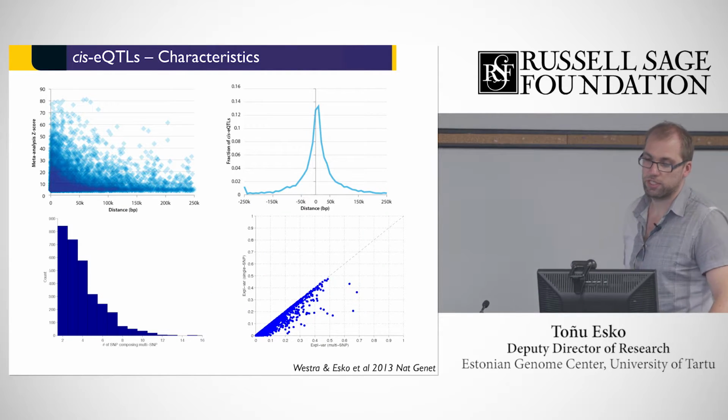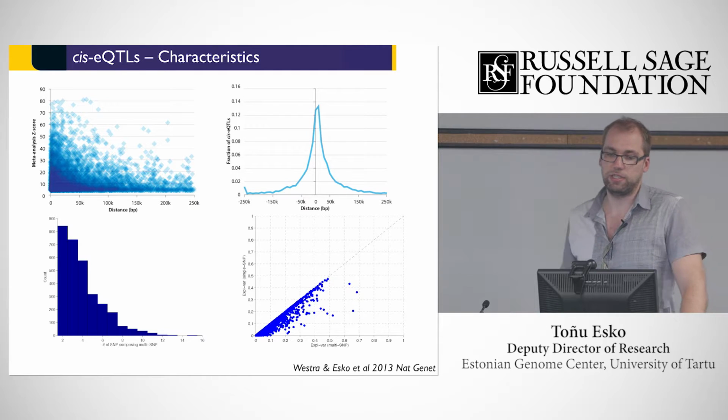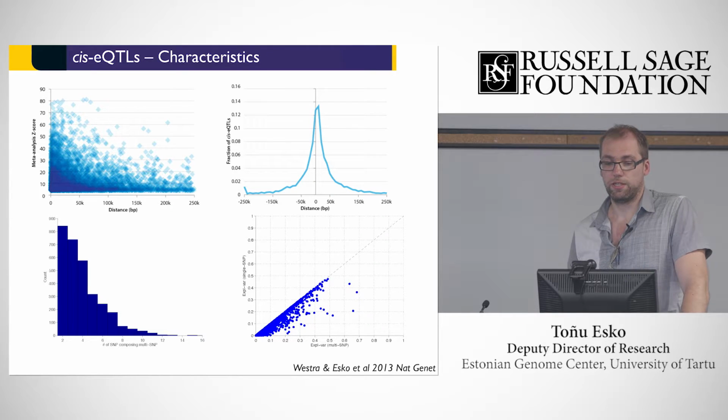Some characteristics about these eQTLs, or expression quantitative trait loci. Here, in the first plot up on the right, on the x-axis we have the distance between the variant and the gene, and on the y-axis a measure of effect size in z-scores.